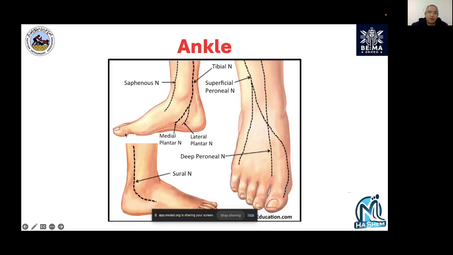The sural nerve goes along the lateral border of your Achilles tendon, then it moves here just a few centimeters above the tip of your lateral malleolus, then it goes from here until it becomes the lateral dorsal cutaneous nerve.